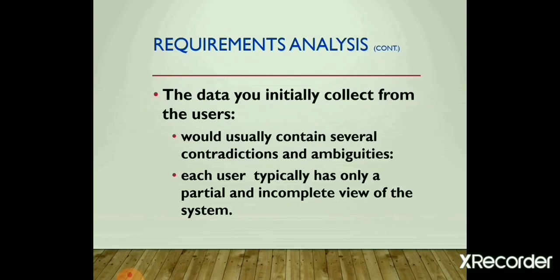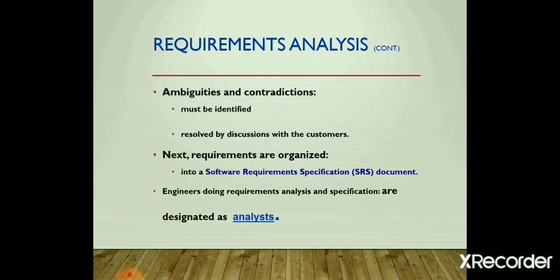Requirement analysis. The data initially collected from the user usually contains several contradictions and ambiguities, because each user has only a partial and incomplete view of the system. The ambiguities and contradictions must be identified in this stage and resolved by discussion with the customer.